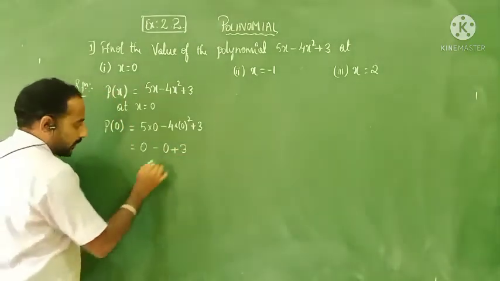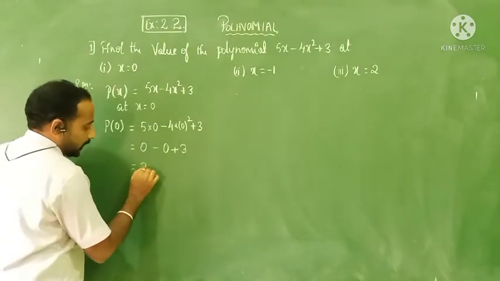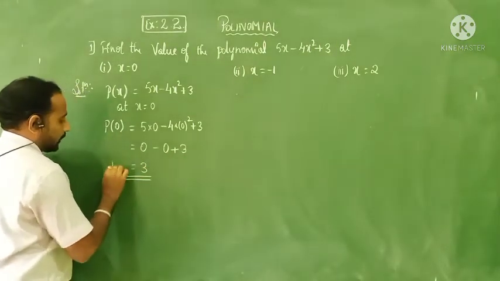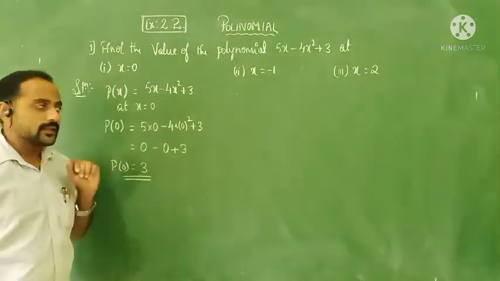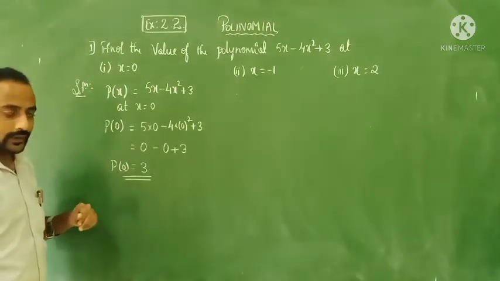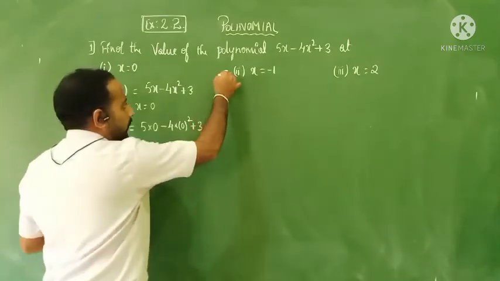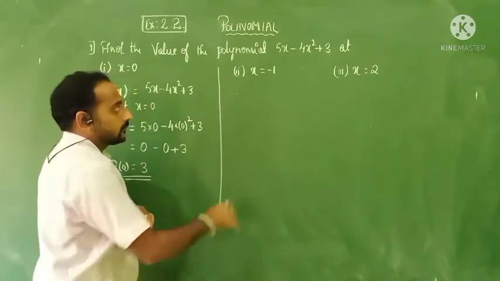Leave the zeros and what is remaining is only plus 3. So p of 0 is how much? 3. That's it. That is the value. Now let's go to the second one.